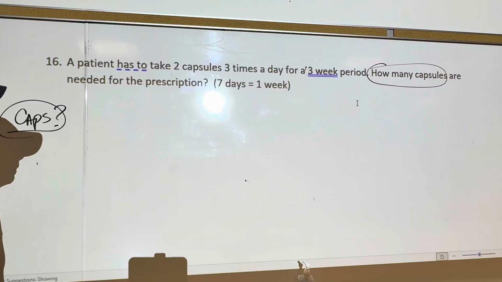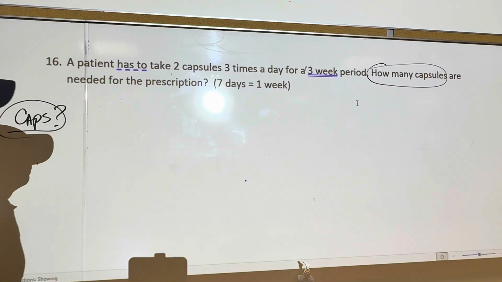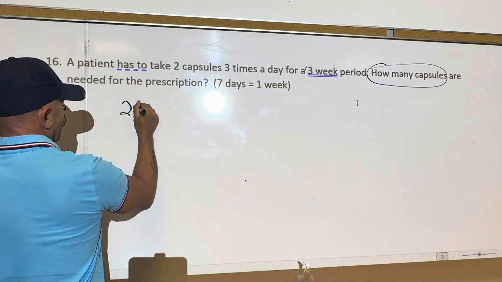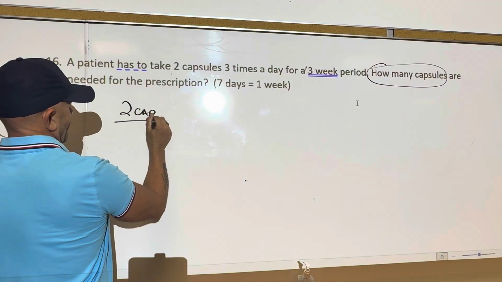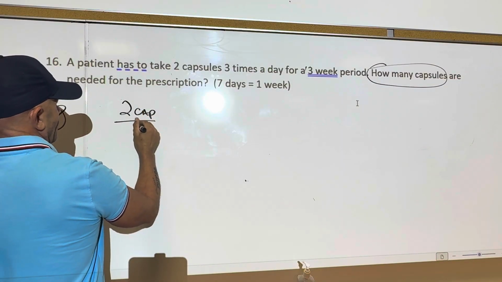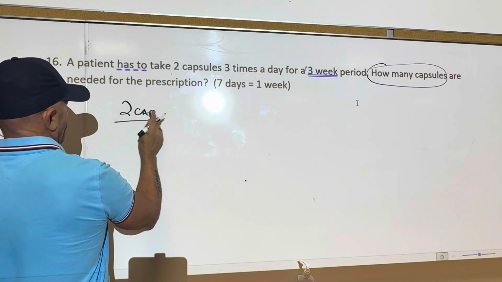Well, all right, so we gotta look for this, right? 7 days is 1 week. All right, well, 2 capsules. What was it?